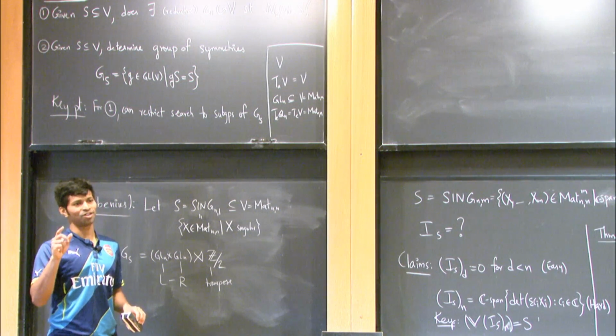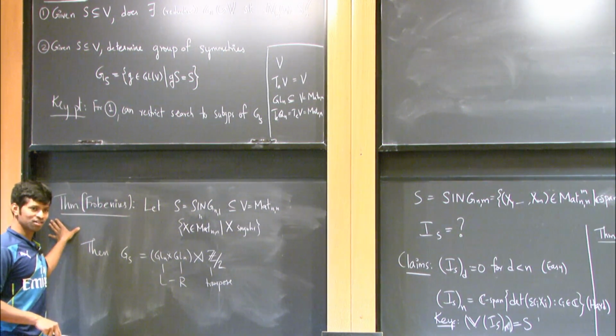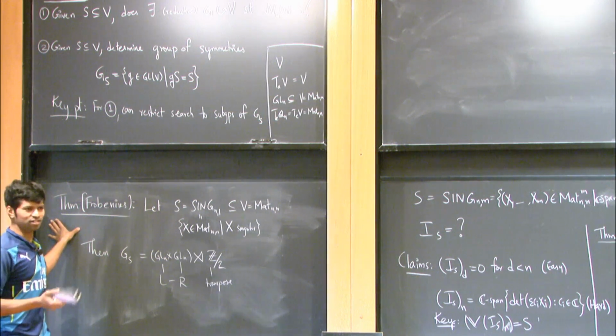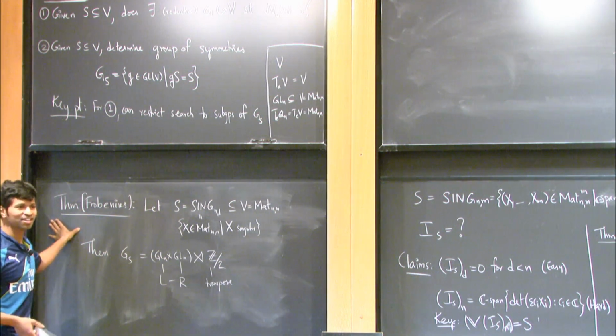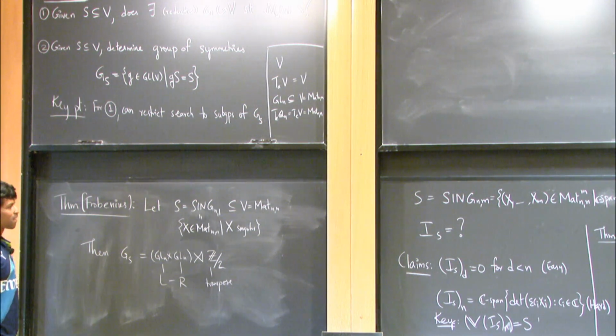Now the fact that there is nothing more was proved by Frobenius sometime in the 1800s. There's another proof of it by Dieudonné. I don't know if that's how you say it. And you see a few proofs floating around in literature, and they all use different things.